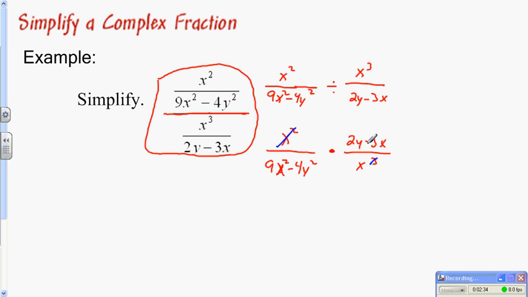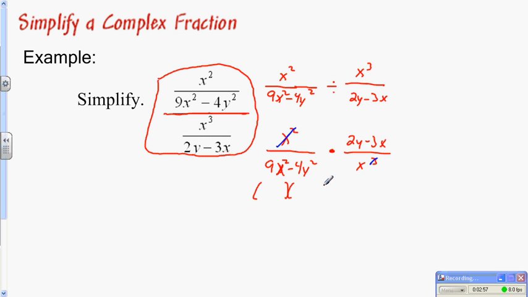But the other ones have subtraction. So let's look at that and say, can we take anything out? Well, 2y minus 3x, that's the best you can get. But the bottom one in the first fraction is a difference of two squares. Hello, friend.